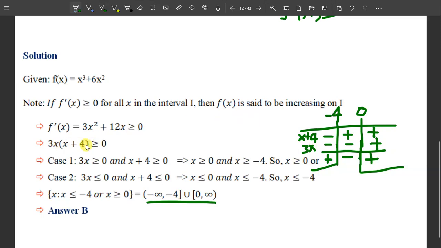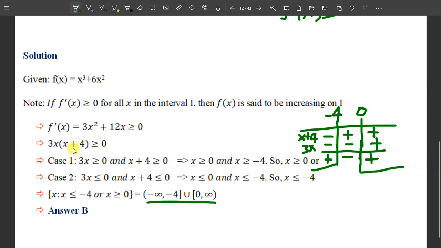Now let us see the case by case solving of this inequality. Case number 1. For the product of the two expressions to be greater than or equal to 0, first 3x must be greater than or equal to 0, and also x plus 4 must be greater than or equal to 0. Either both expressions are positive or both at the same time are negative.